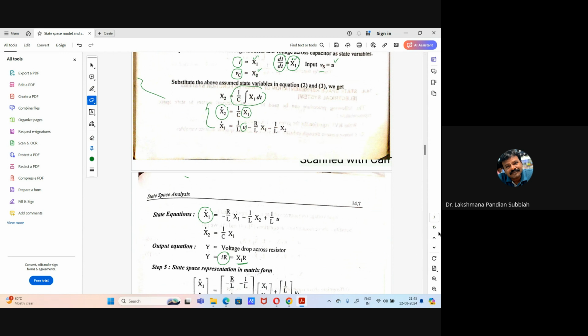Now we have to represent this in matrix form, which is an easy way.